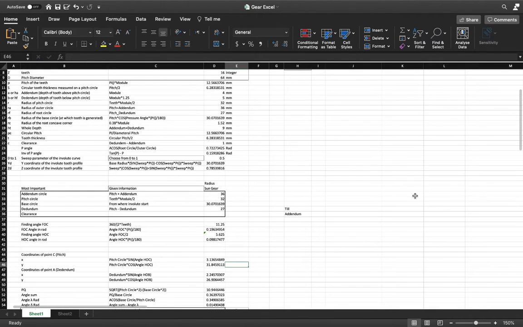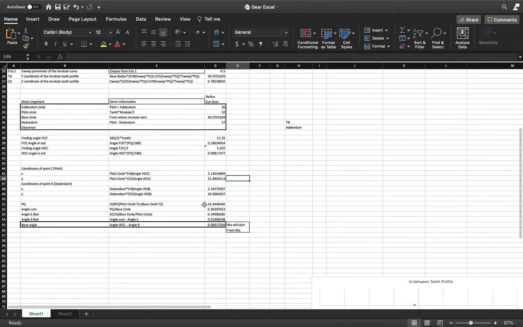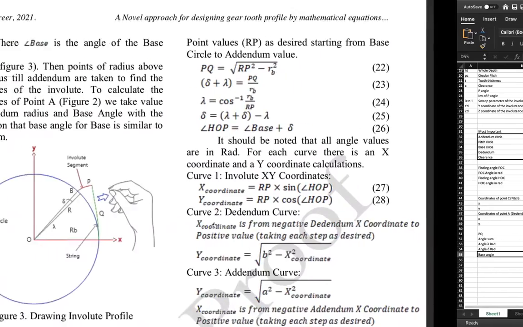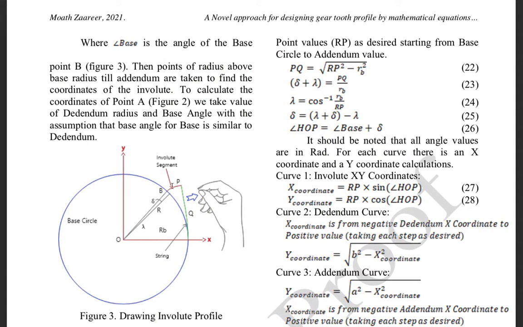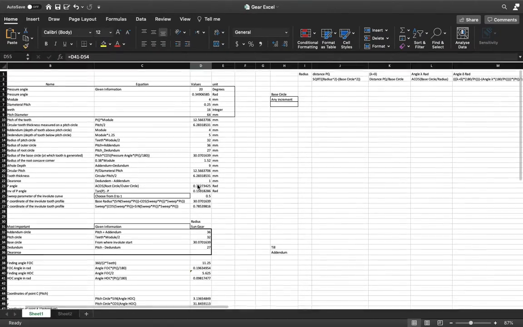Now that we know where we're going to start from, which is the base circle, and we know the difference in angles, as you can see, when we move, this angle is constantly changing. We have to constantly get the xy coordinates of the involute, and this is in this template.